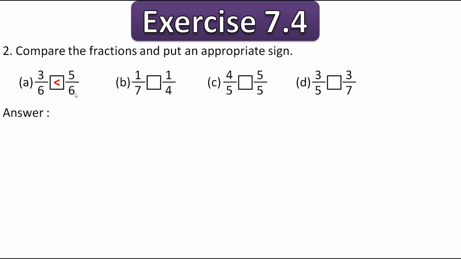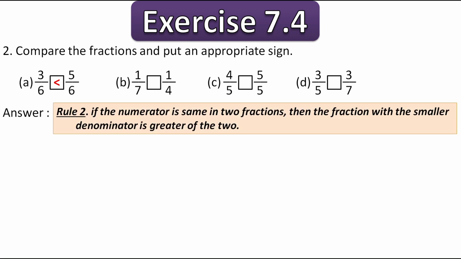Now here we have the numerator same but not the denominator. So we have one more rule for that. If the numerator is the same in two fractions, then the fraction with the smaller denominator is the greater of the two. So whichever fraction has the smaller denominator, that fraction is greater.